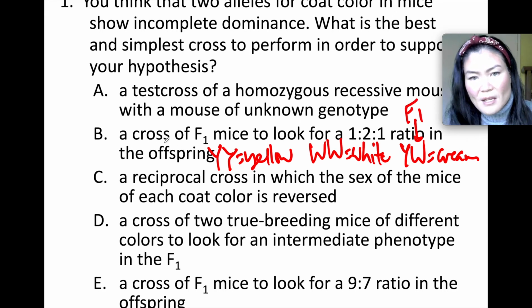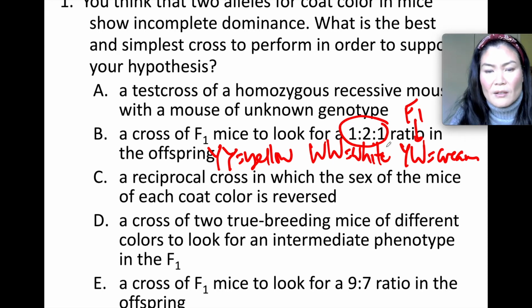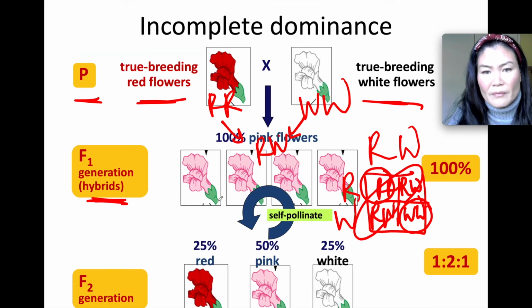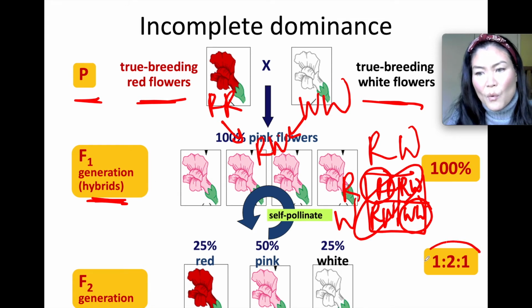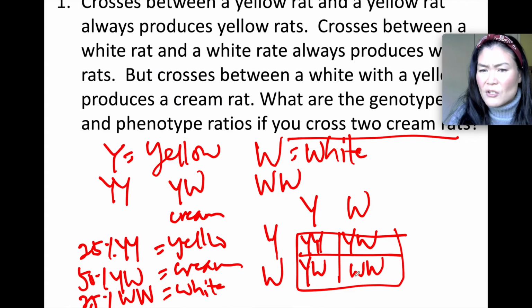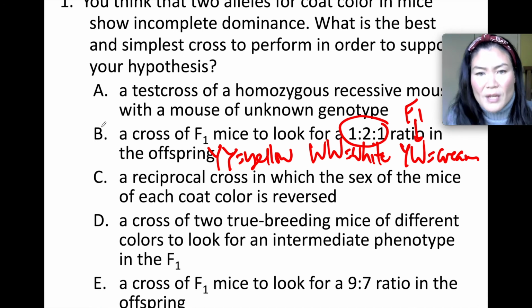And what this is saying is to have the F1 generation breed, and then you should see them come up with this 1 to 2 to 1 ratio, where it's going to be 1 yellow, 2 cream, to 1 white. Let me go back to this one. It's saying if the F1 generation were to reproduce, then you would get this 1 to 2 to 1 ratio, 1 red to 2 pink to 1 white. And that's true, right? So the answer might be B.